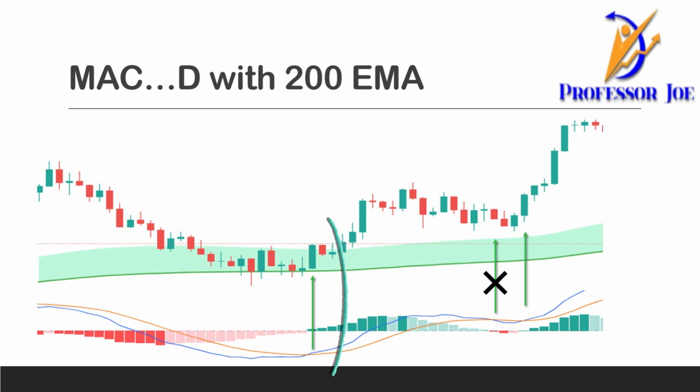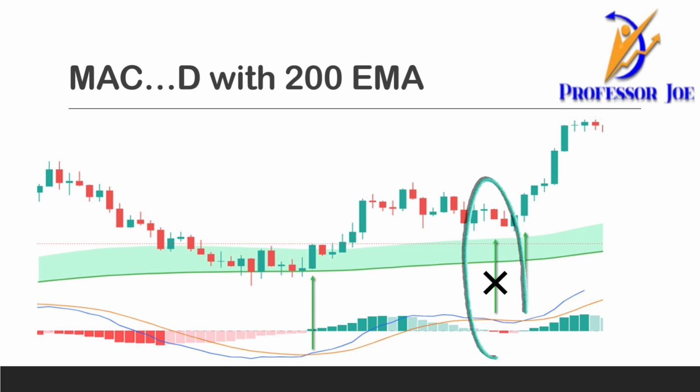So the first one is a good call because you see that the dynamic support and resistance is in green color. That means it's at a good support level, and you have got the MACD line crossing the signal line upwards. So you can go with a buy call. The second one is a bad signal because the dynamic support is still in the buy direction, whereas the MACD is giving a signal for sell.